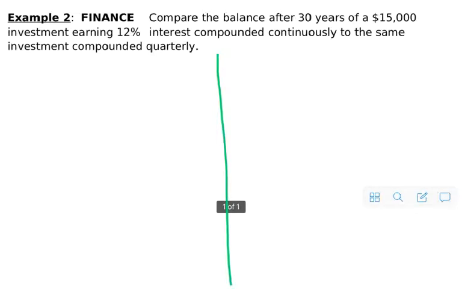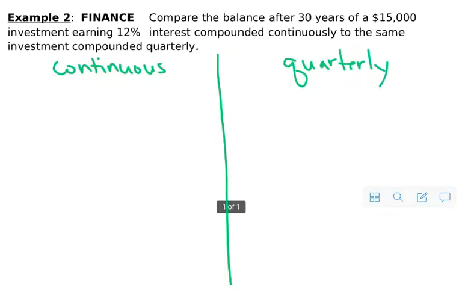Let's do continuous here, and this is going to be quarterly. Remember I said they're 2 different equations. Only continuous uses the PERT equation.